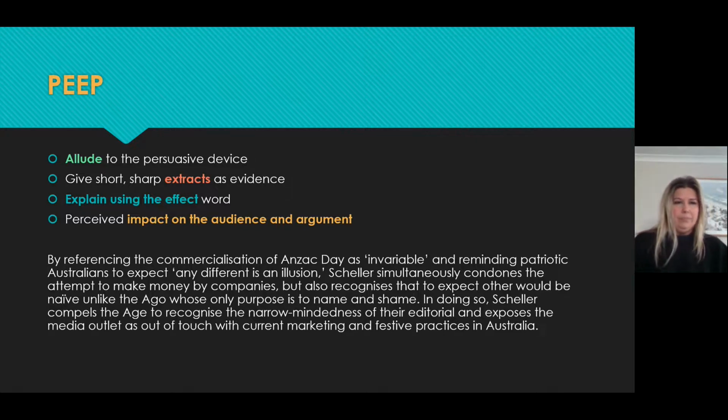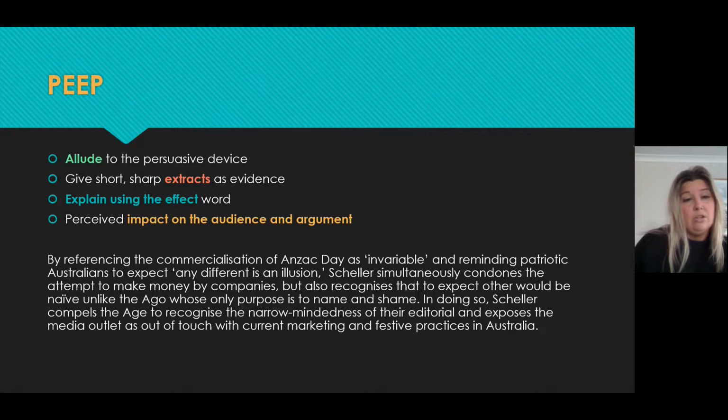For example, by referencing the commercialisation of Anzac Day as invariable and reminding patriotic Australians to expect any different is an illusion, Scheller simultaneously condones the attempt to make money by companies, but also recognises that to expect other would be naive, unlike The Age, whose only purpose is to name and shame.